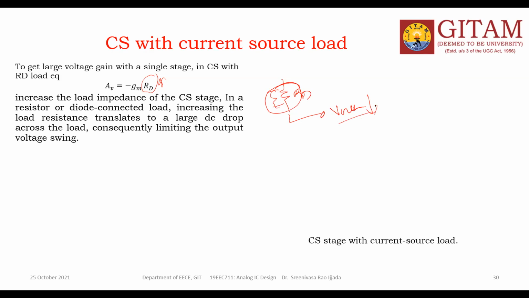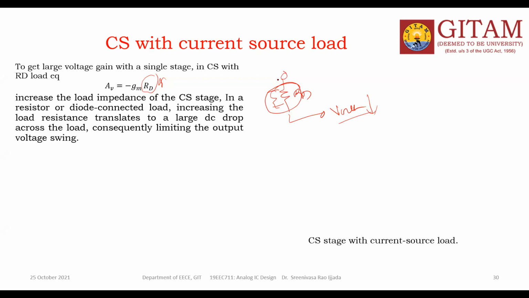So this is the major issue in the CS amplifier stages with either RD or diode connected load. To increase the gain from that equation, the resistance should be increased. Whenever the resistance increases, if you remember the circuit, the drop across the resistance will increase.